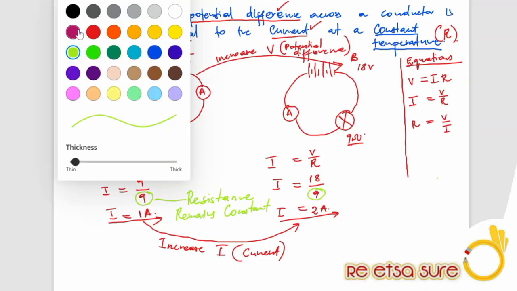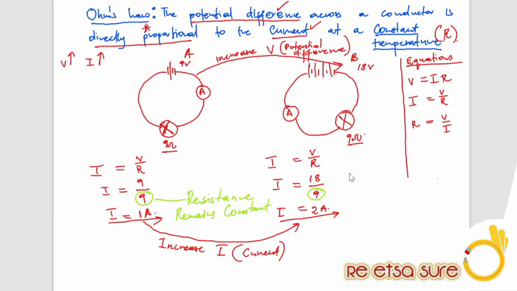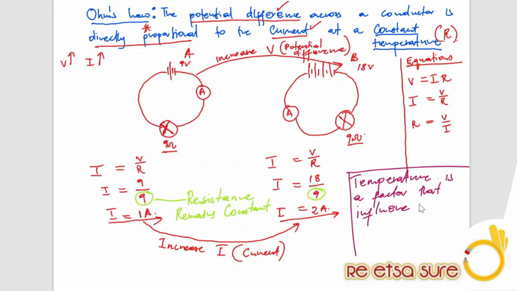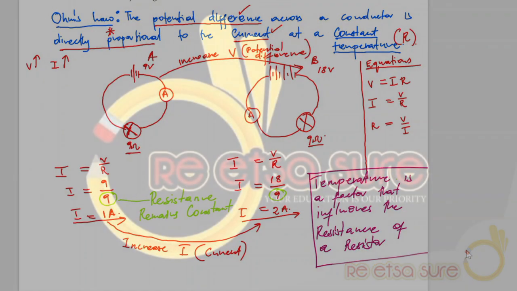Because temperature is a factor that influences the resistance of a resistor. I hope it makes sense, my beautiful learners.